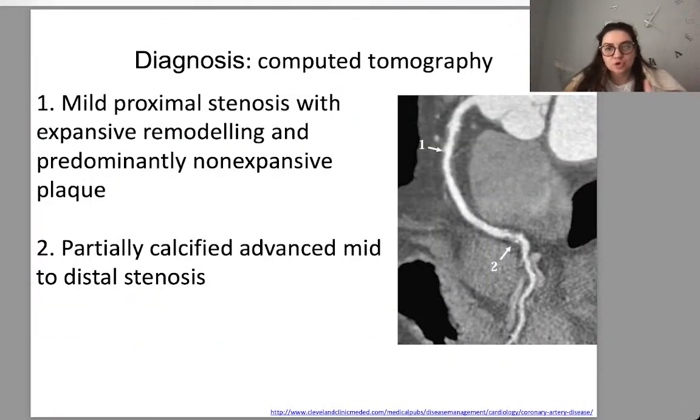CT is not the first choice too, but available in some cases. Here, in this example, it shows mild proximal stenosis with expansive remodeling and predominantly non-calcified plaque. You see it by the first arrow, and the second arrow shows partially calcified advanced mid to distal stenosis.